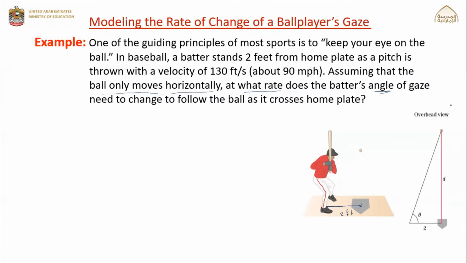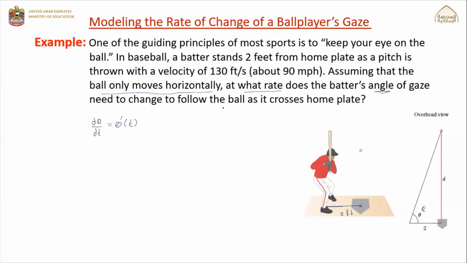If I look here at the overhead view for this problem, this is the angle which I talk about. This is the angle theta. He asks me about dθ/dt, or I can write it as θ'(t). What is the value of dθ/dt?